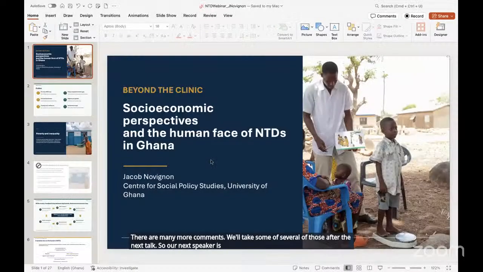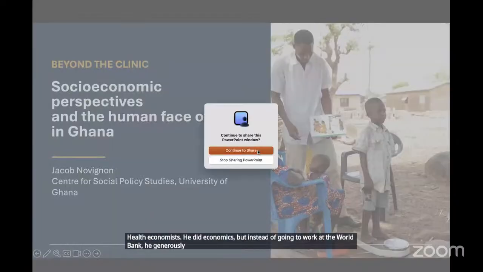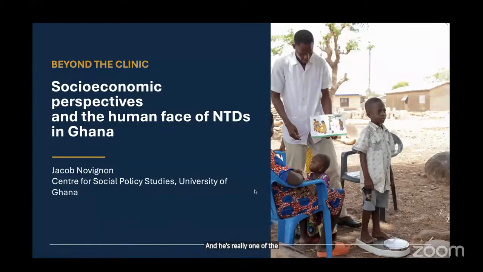So our next speaker is a health economist. He did economics, but instead of going to work at the World Bank, he generously dedicated his time to health economics, and working with him, I must say, is enjoyable. He's a brilliant scholar, and he's really one of the persons leading our understanding of the economic issues as they relate to neglected tropical diseases.